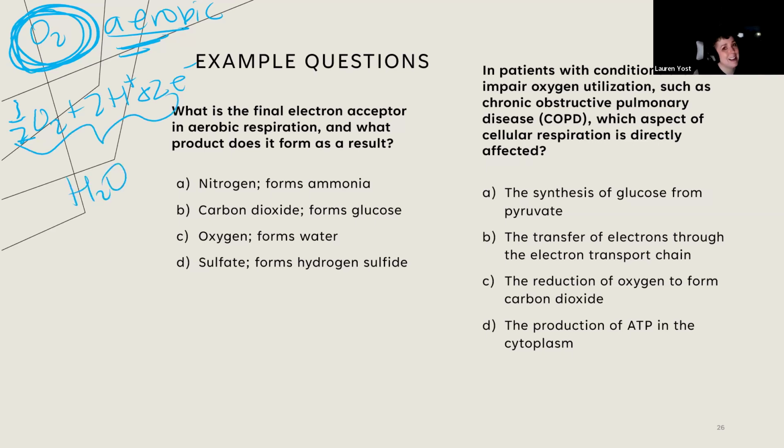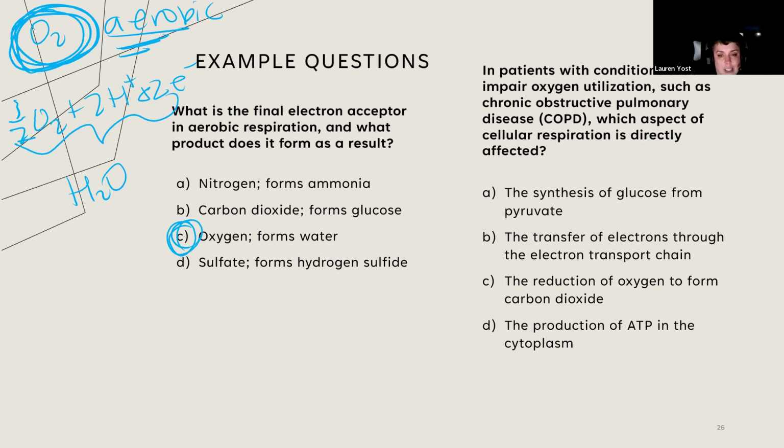And it's how we're maintaining that gradient of H pluses on the outside, that proton motive force. The whole reason we can maintain the proton motive force is by getting rid of these waste products at the end. Oxygen is absolutely essential in doing that, and it forms water as our waste product.